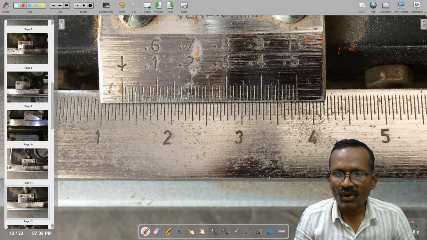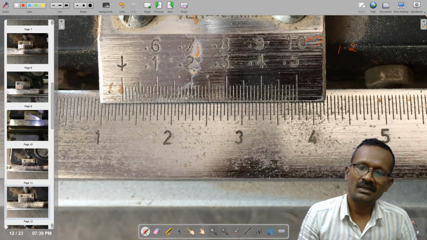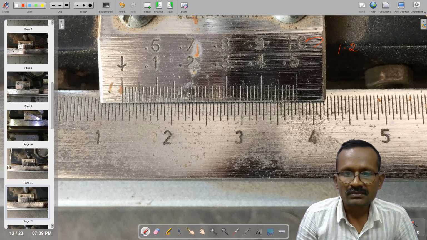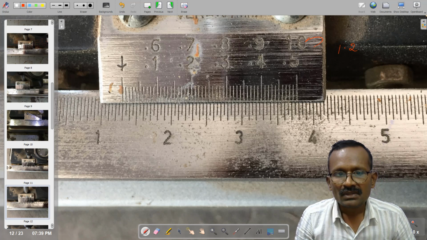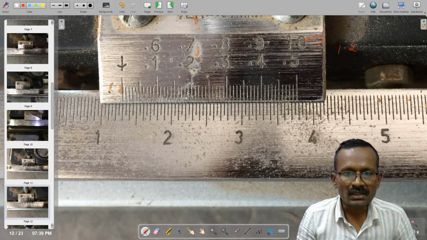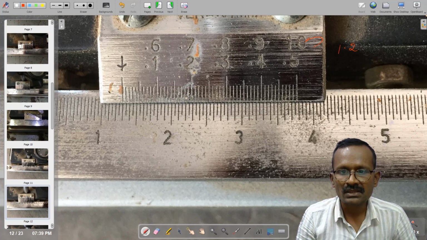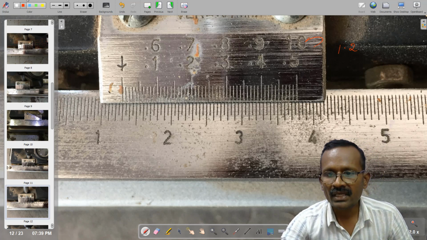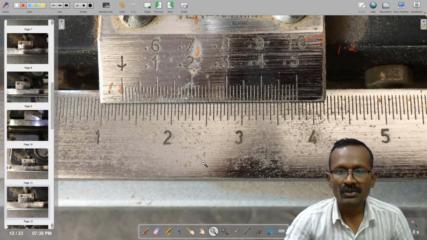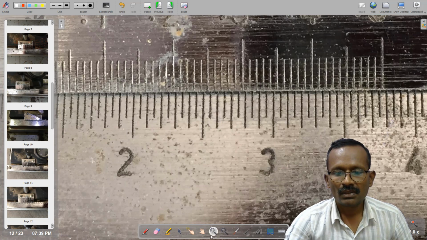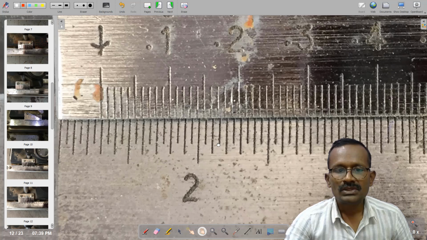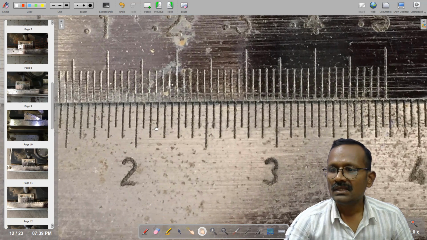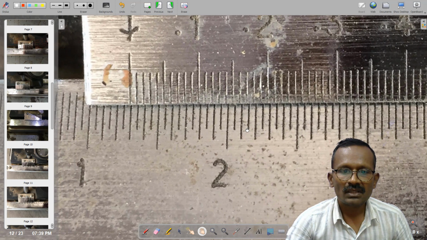Which line of this vernier scale coincides with the main scale reading? I think no line is coincident, but anyway we have to take one reading. Which is the approximate one?